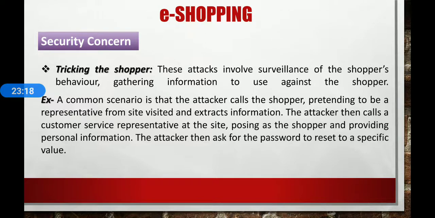For example, a common scenario is that the attacker calls the shopper pretending to be a representative from a site visited and extracts information. The attacker then calls a customer service representative at the site, posing as the shopper and providing personal information. The attacker then asks for the password to be reset to a specific value.